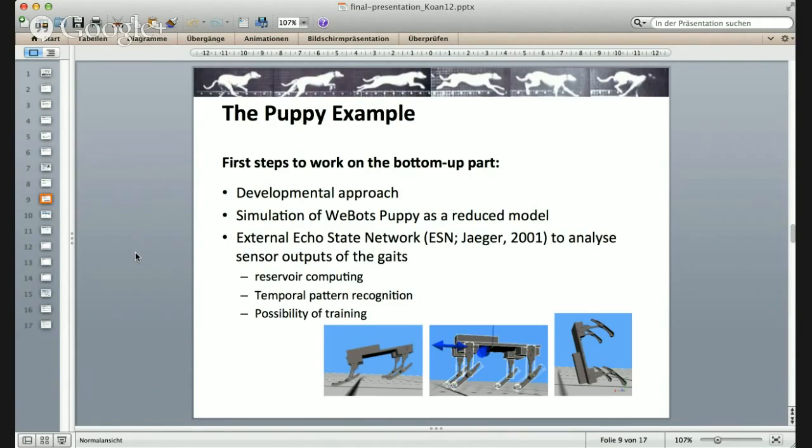For analyzing the sensor output of this simulation, it was suggested to us to use an echo state network, as a first step to see whether it is possible to recognize patterns in them. An echo state network is used for temporal pattern recognition, and it can be trained.